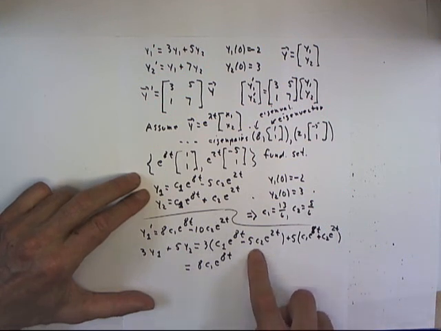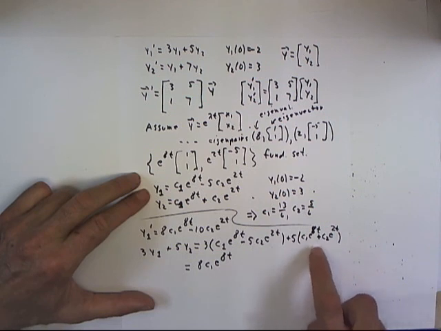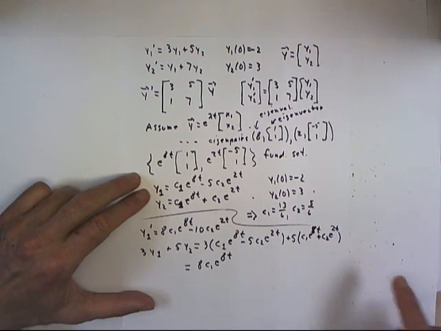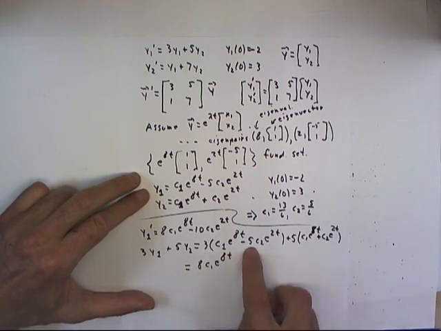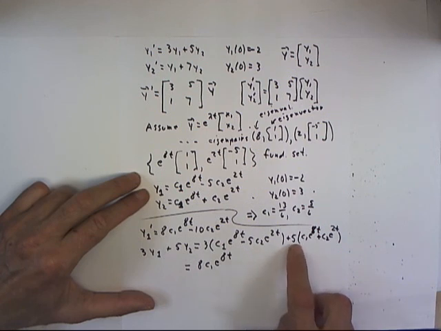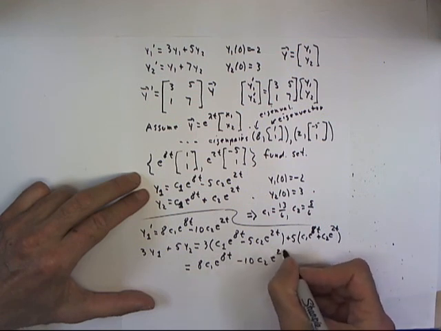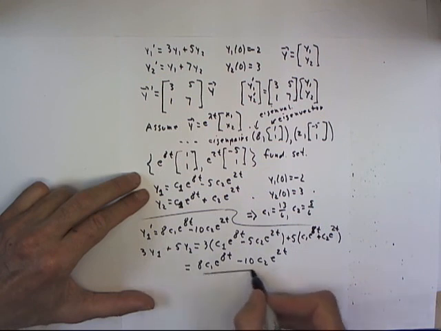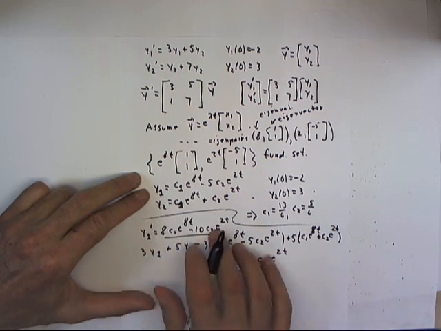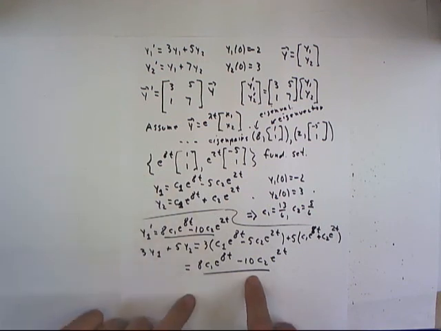And then we have a minus 5c2... Let me stop a second. Okay, I just missed the fact that this negative 5 is multiplied by 3, giving us negative 15c2 e to the 2t, and a 5c2 e to the 2t, giving us a negative 10c2 e to the 2t. We see that this agrees with this, so that y1 prime is equal to 3y1 plus 5y2.